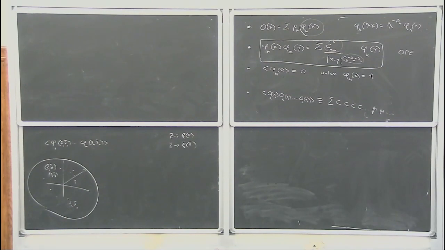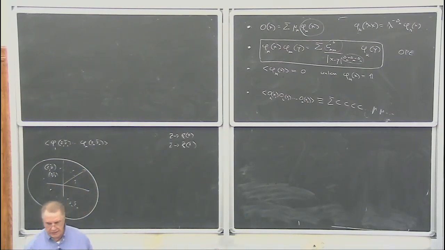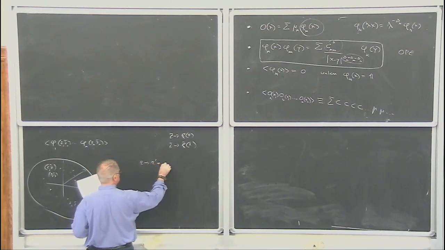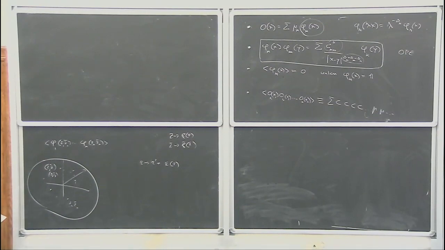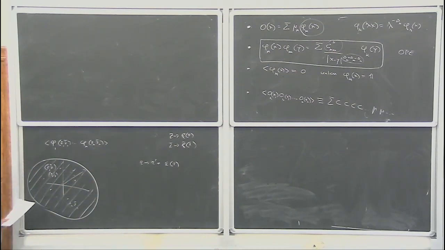However, if I have a domain like this, I can cook up some generic transformation of coordinates which is small everywhere. I'm going to do r going to r prime plus epsilon(r), where this epsilon(r) is made in such a way that it is an analytic function in the usual sense of the word inside this disk, and outside is small everywhere. And I connect the two the way I like.